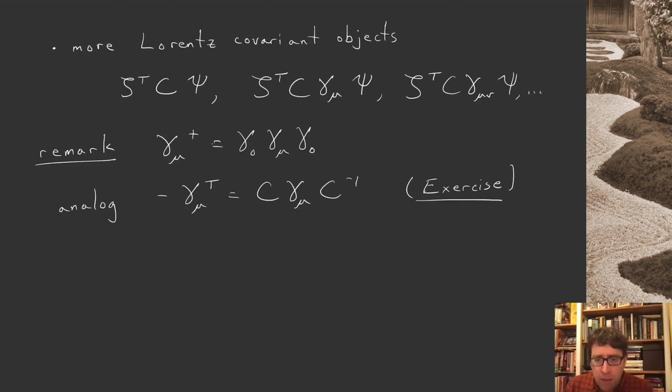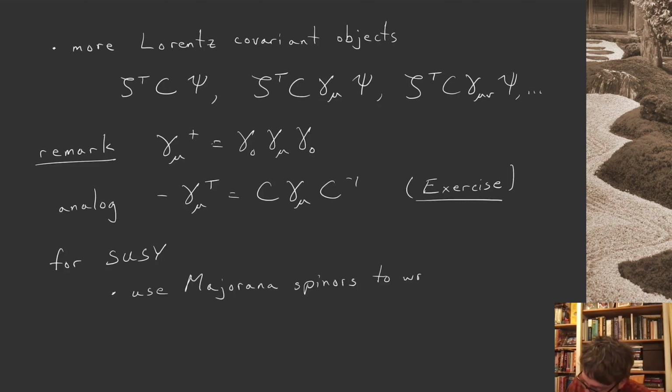I should maybe say a little bit about why I'm developing all of this technology. When I introduce the supersymmetry algebra, one important thing is that we're going to use Majorana spinors to write down the supercharges. So we're going to need a notion of Majorana spinor to talk about the supersymmetry algebra.